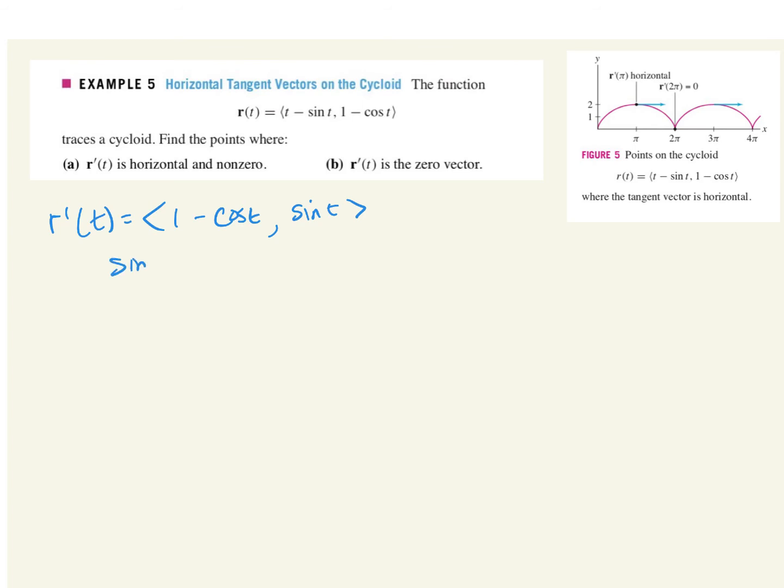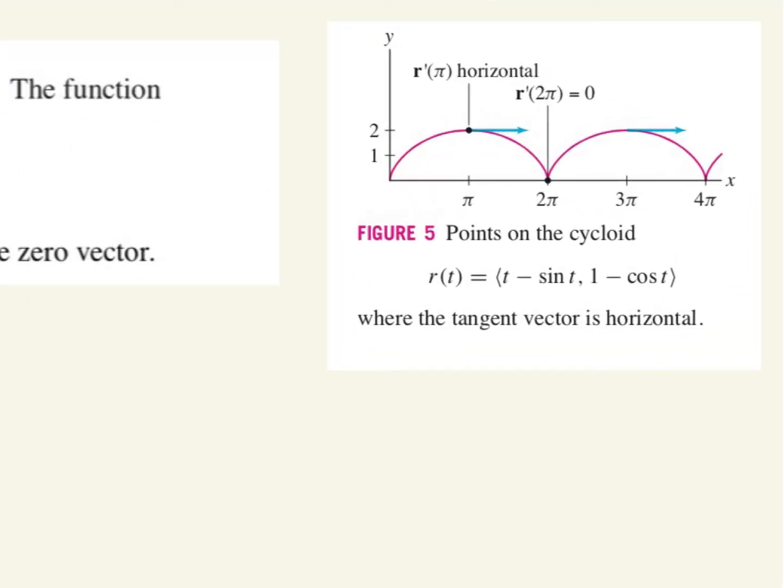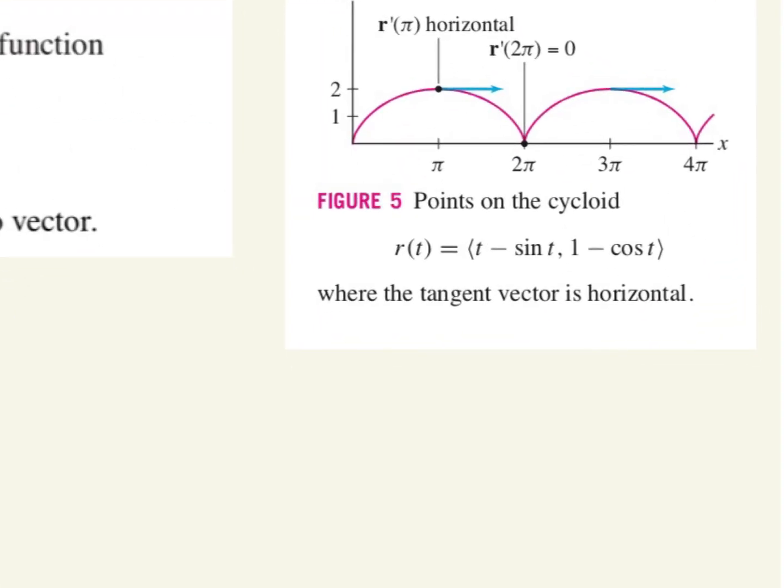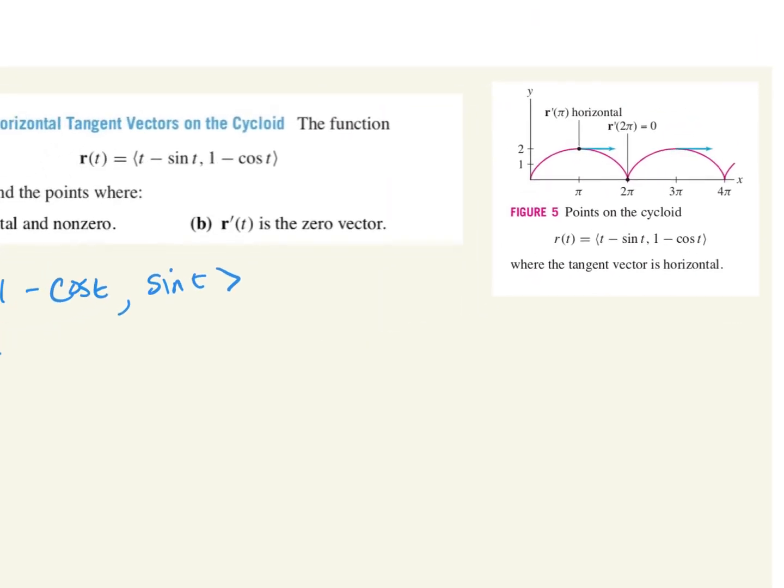But it says non-zero. The vector is non-zero. I'm going to show you the difference there. It's still horizontal, and if you look here in the image, we still could have 0 slope, 0 slope, 0 slope, 0 slope, but you can see how the odds and the evens look different. Let's investigate.